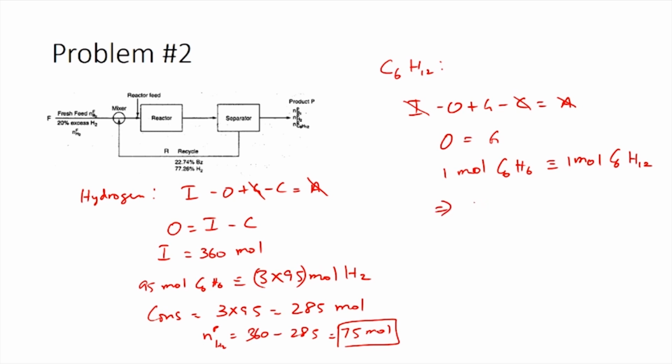So, this implies 95 moles of cyclohexane would have been produced for 95 moles of benzene which was consumed. Therefore, generation would be equal to 95 moles. So, the amount of cyclohexane in the product, which is NPC6H12, would be equal to 95 moles.